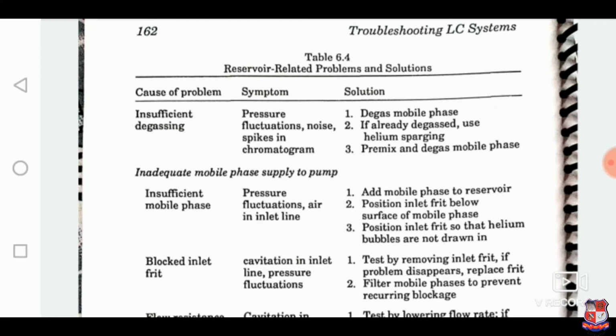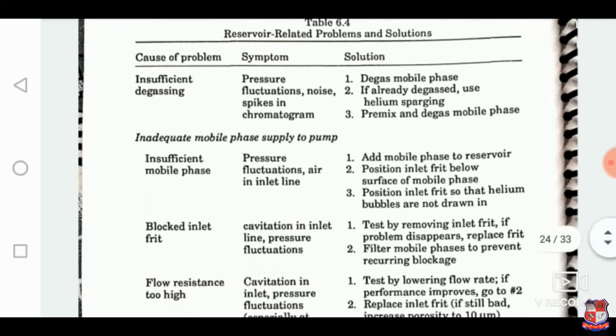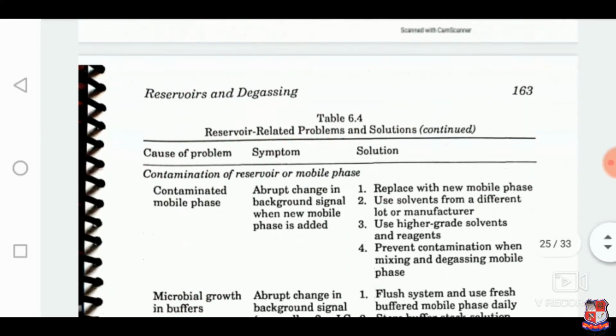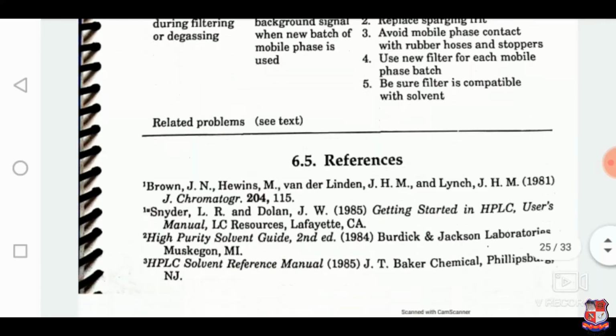With insufficient degassing, the symptoms you may observe are pressure fluctuation and noise spikes in the chromatogram, and the solution is to degas the mobile phase. If already degassed, use helium sparging, premix and degas the mobile phase. These are other kinds of problems the operator may encounter, and possible solutions for them.